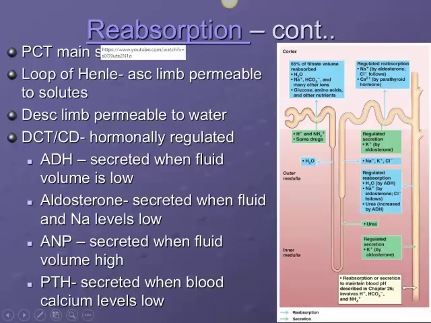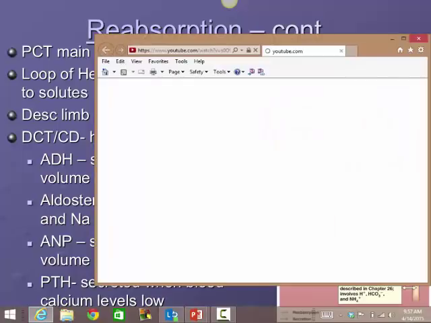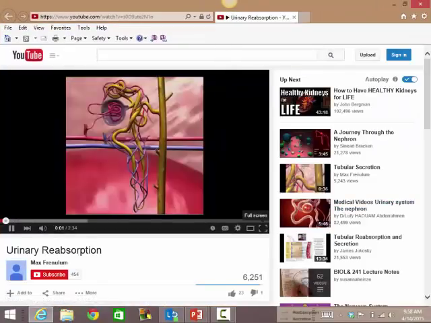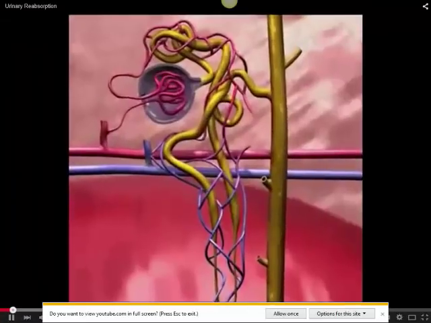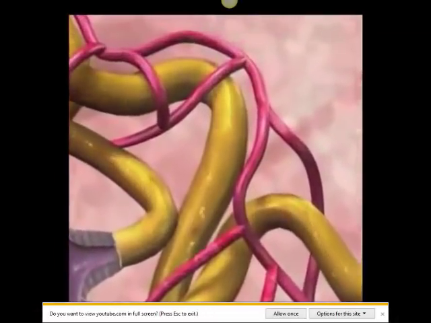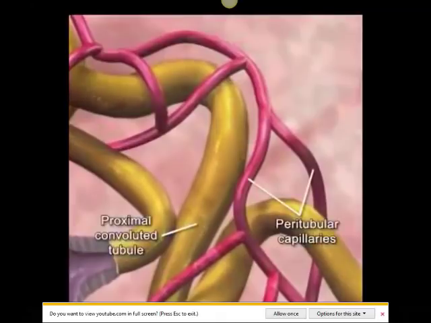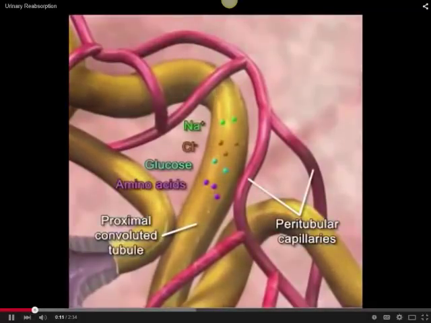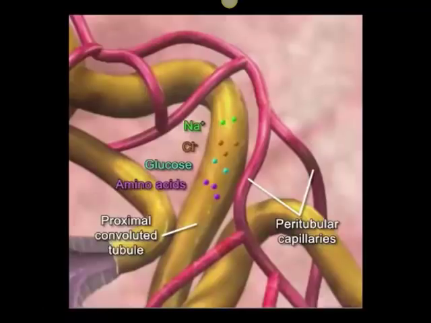So let's take a look at reabsorption. Reabsorption is the movement of substances out of the renal tubules into the peritubular capillaries located around the tubules. Water, glucose, sodium, chloride, and other nutrients are examples of substances that are reabsorbed during this process.